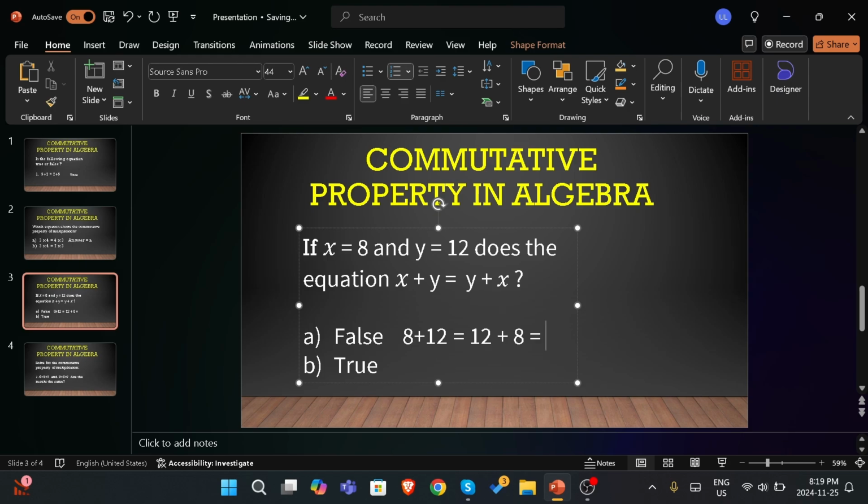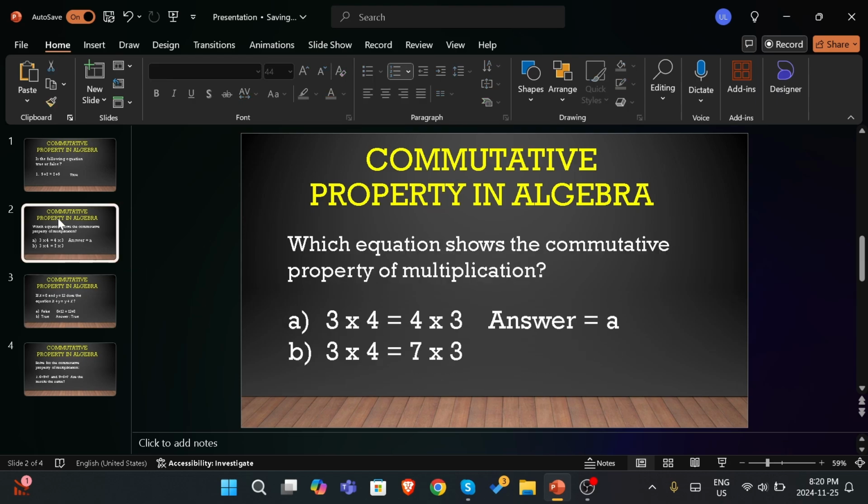So the answer is 20, for 8 plus 12 is equal to 20. And yeah, 8 plus 12 is equal to 12 plus 8. So indeed, the answer is true. So here I'm going to write answer true.